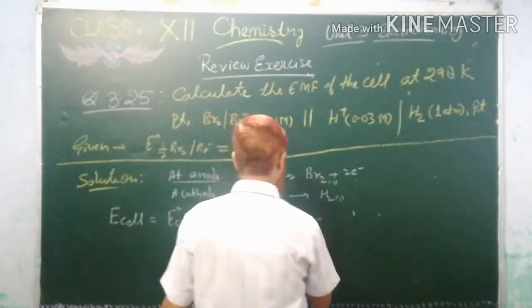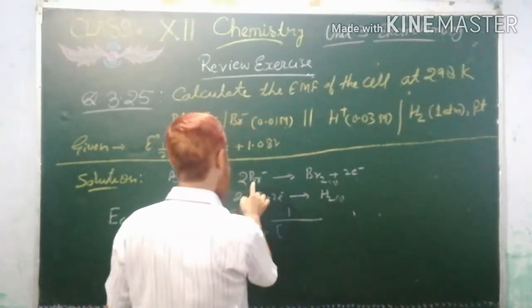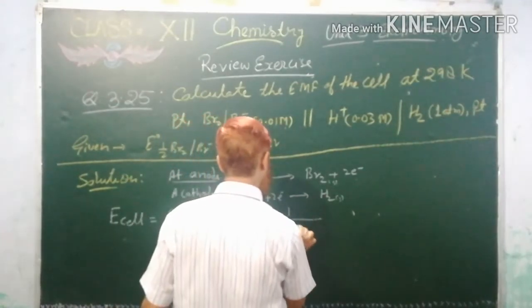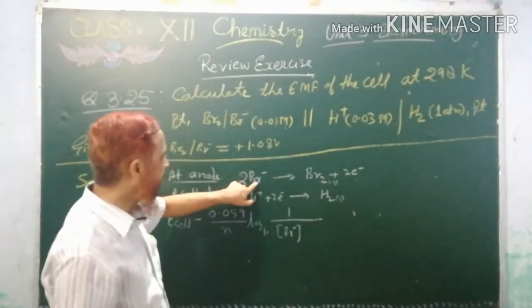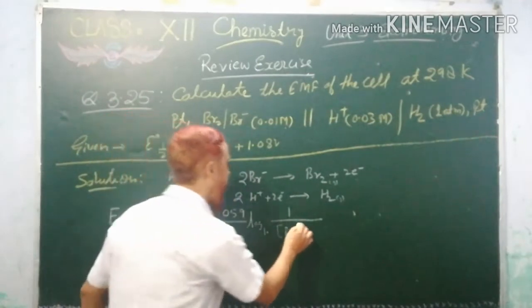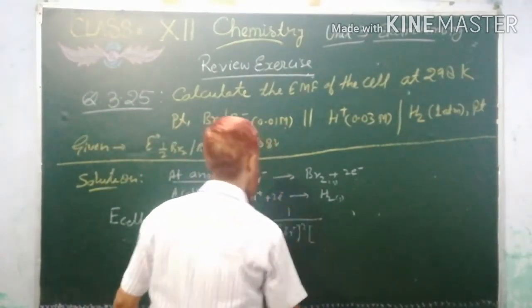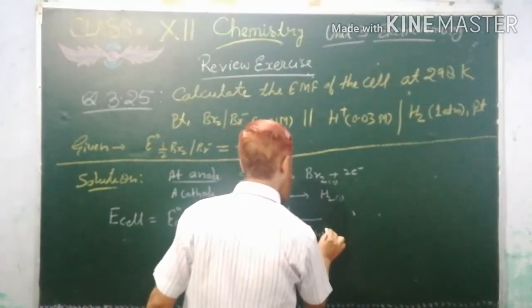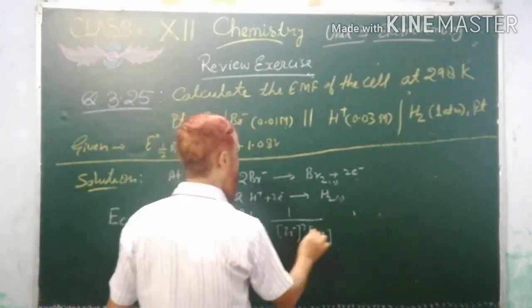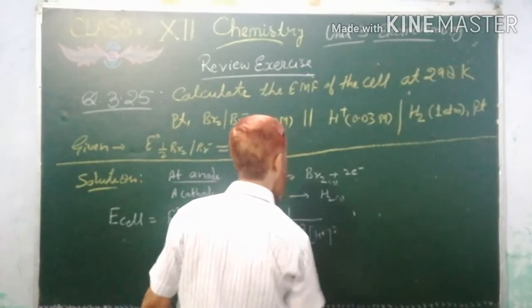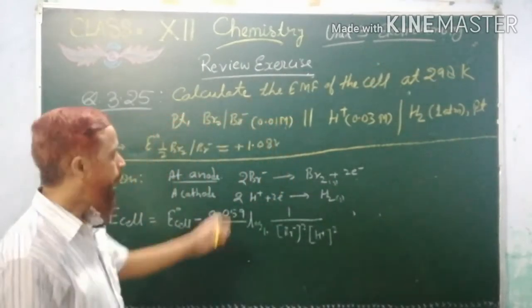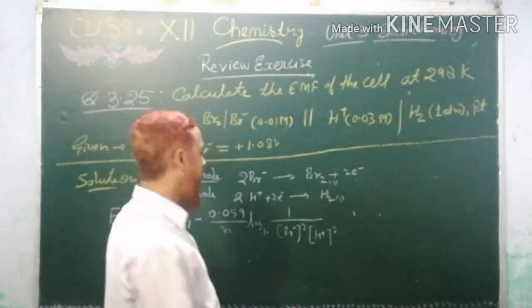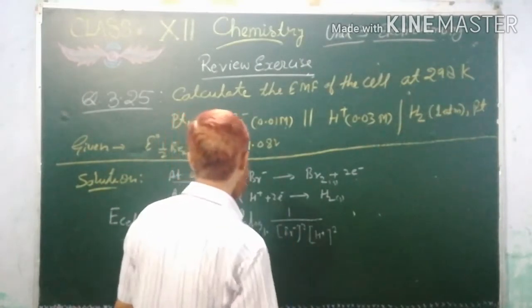So we will write the concentration of bromide ion, and since the stoichiometry of bromide ion is 2, it will be squared, into the concentration of hydrogen ion, and that will also be squared. Both ions will be considered here. So we will use this equation.